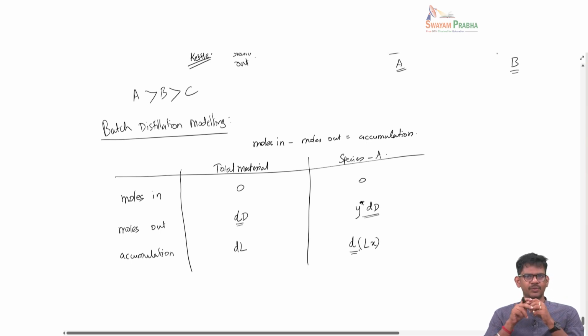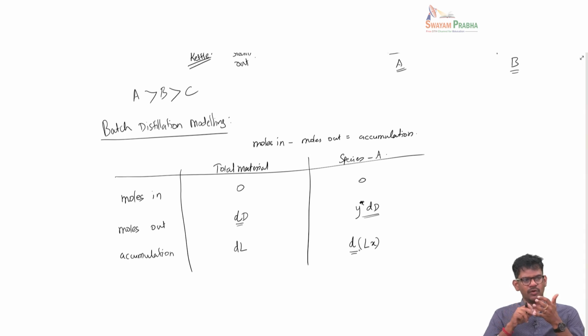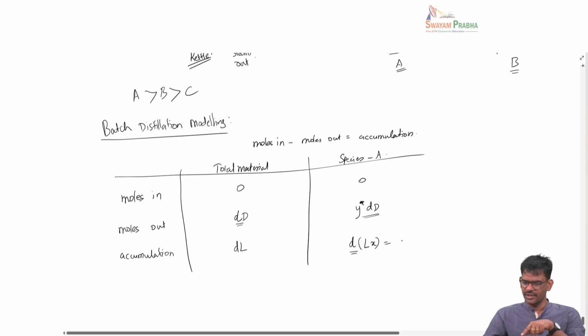Why we do this is because if I look at the liquid, the total moles are changing because some moles of vapor are gone, and I also said the composition will change in the liquid. That's why I write d of Lx. If you want, you can expand this as L dx plus x dL. This is the accumulation term for species A.